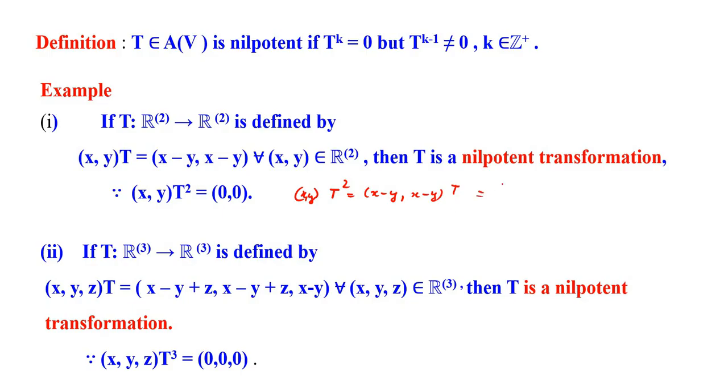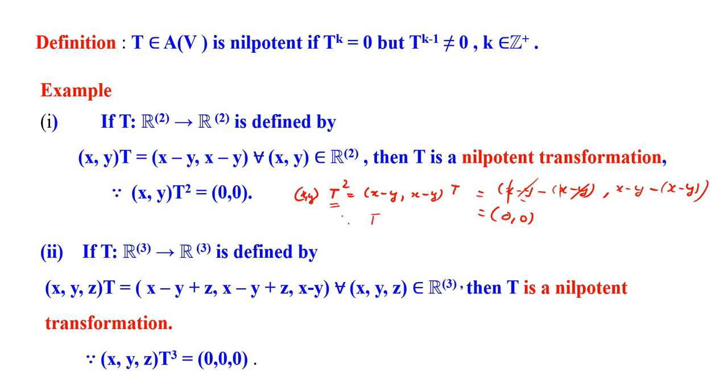So you have the difference of these two, x minus y, and you put the same thing in the second component also. So this is what you have. Here minus into minus is plus, so these two get cancelled, x minus x, so you get 0, and in the same way 0. So it is the transformation T square that vanishes.